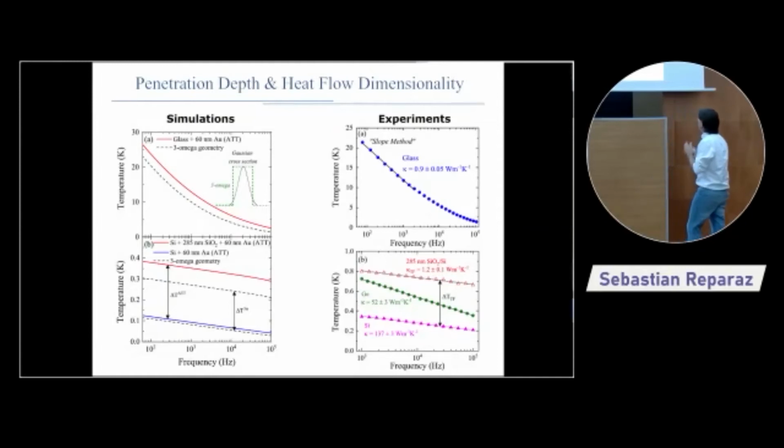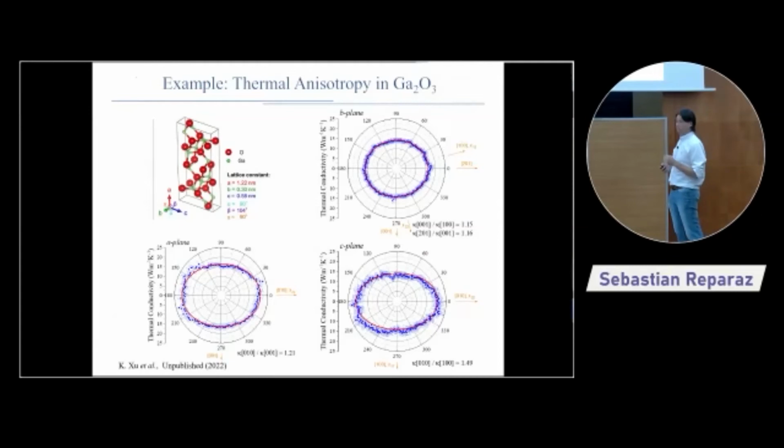Okay, but again, we're speaking about anisotropy, and so far I was speaking about the determination of thermal conductivity. So the question is, what advantage does this method we developed have to measure anisotropy? Well, the idea is that you are working with this line, and the sample is here, and of course they are not connected.